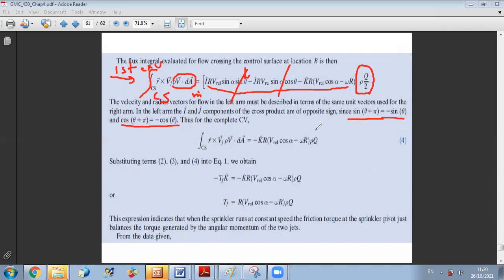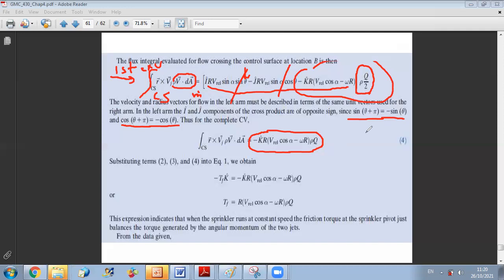So when I do the addition for both terms, I will get double this term. So I will get minus k r times v relative cosine alpha minus omega r times rho q. And now I am done, okay?